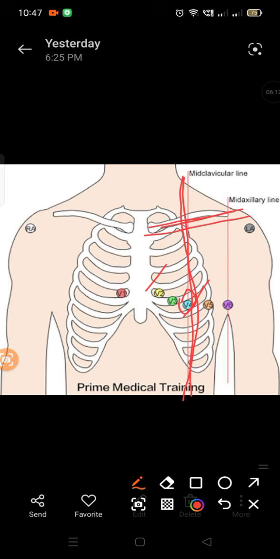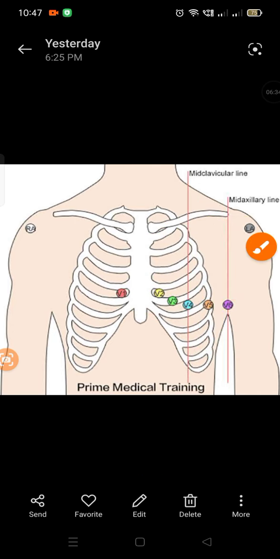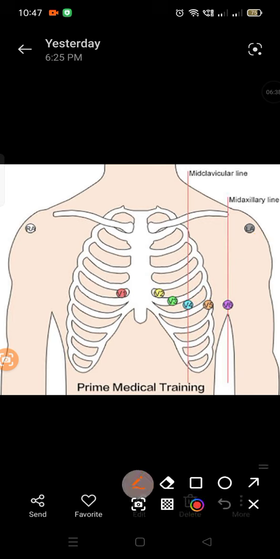Then coming to V5 and V6. V5 we have to keep on the anterior axillary line. This is the axillary area. So anterior to the axillary area, at the fifth intercostal space.